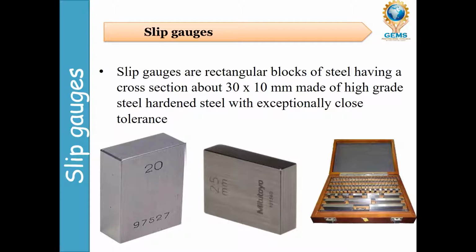As in slip gauges we measure height, length and width only, but angle gauges measure angles. It is the same as slip gauges, but the measurement is different. They are very high finished gauges. So this is a slip gauge.